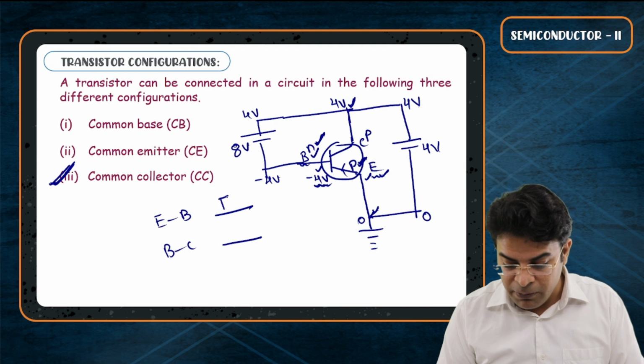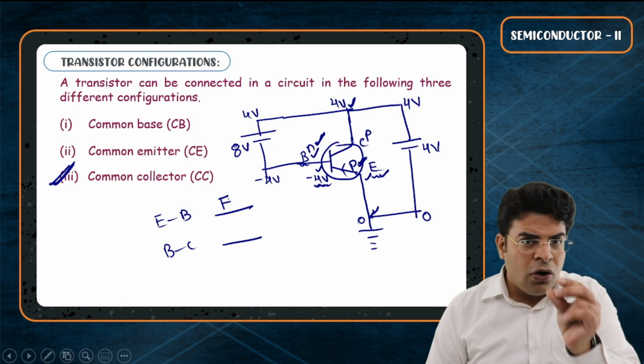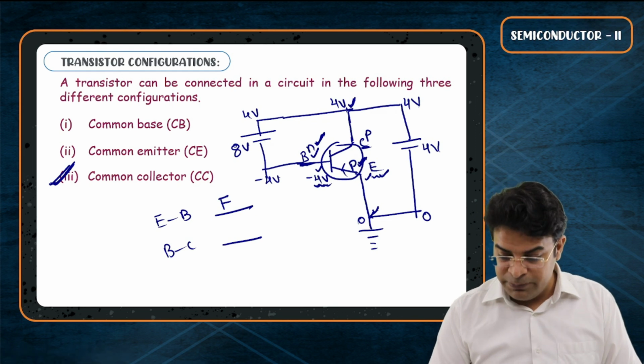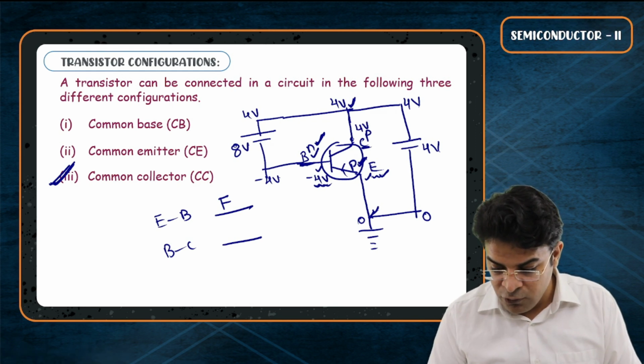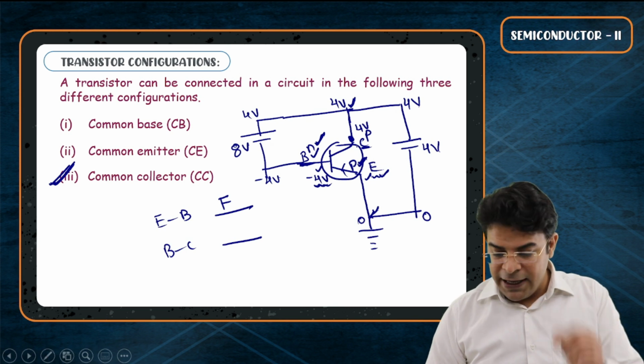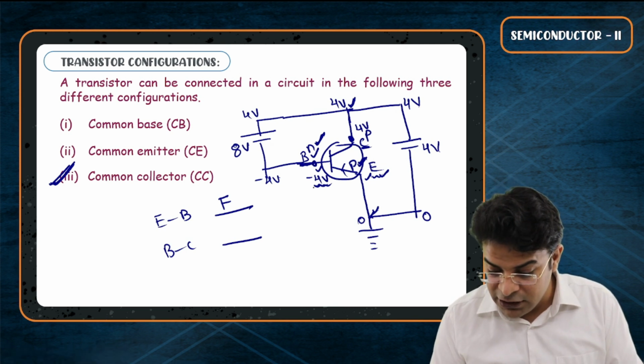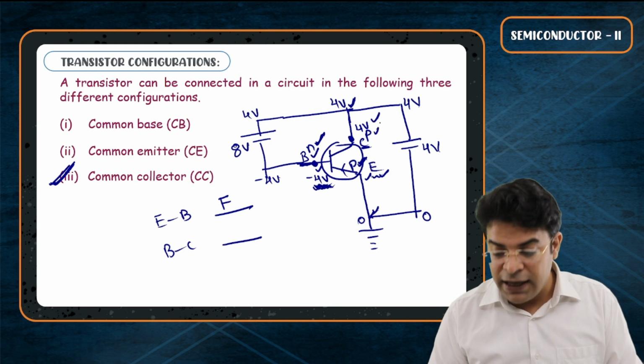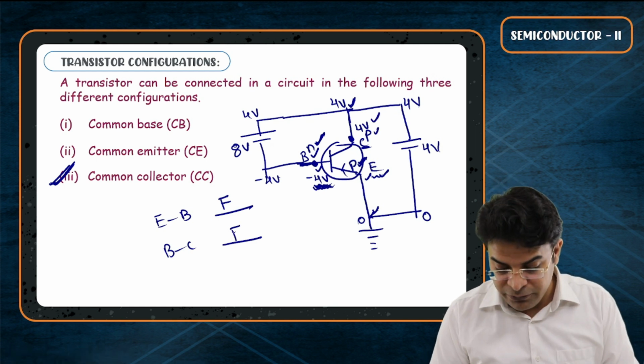This is forward bias. Now let's talk about the base collector junction. The collector is P-type connected to 4 volt, and the base here is N-type connected to minus 4 volt. So N is connected to lower, P connected to higher. This is also forward bias.